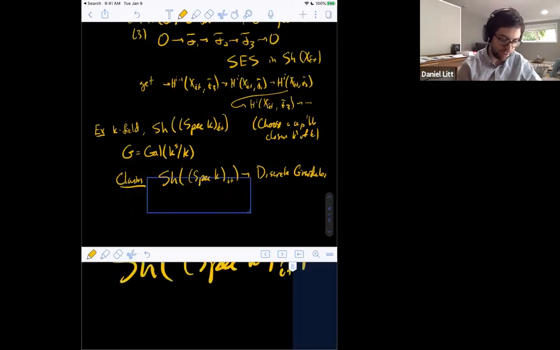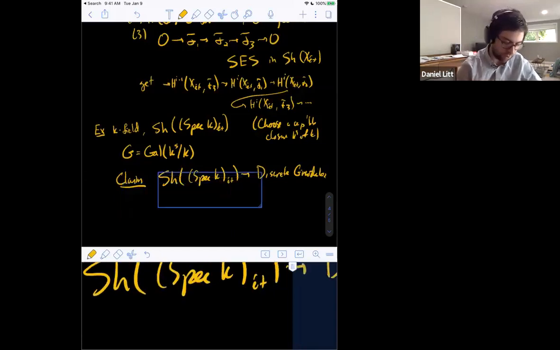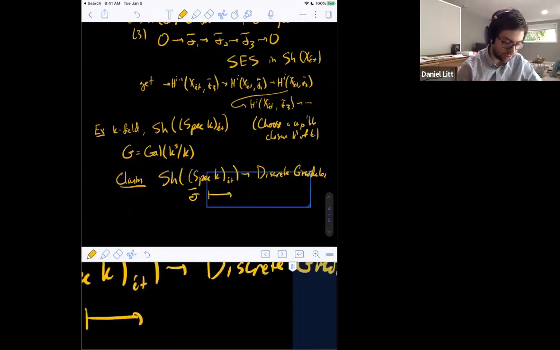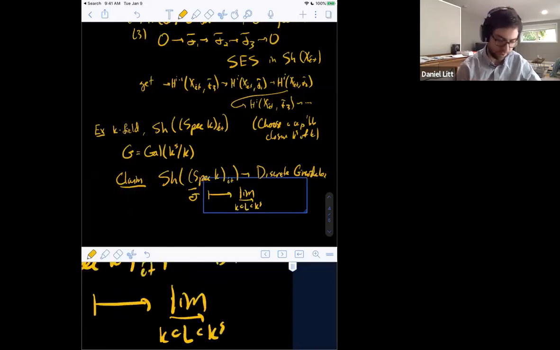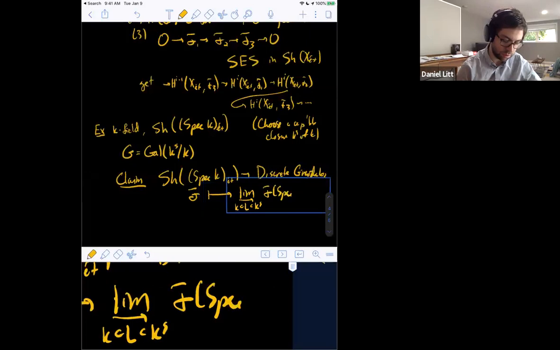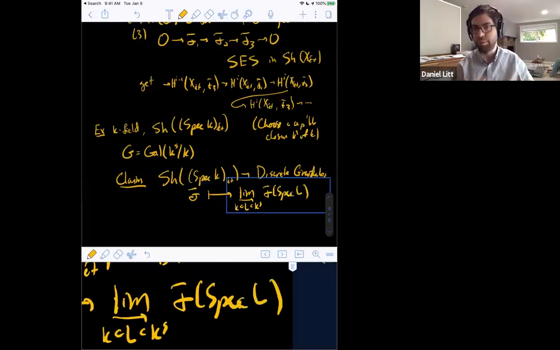Okay, and Benjamin has told us the formula. So what do we send? We send F to the colimit, the direct limit over K contained in L contained in our choice of K sep, of F(Spec L). You're supposed to think of this as evaluating F on the separable closure.